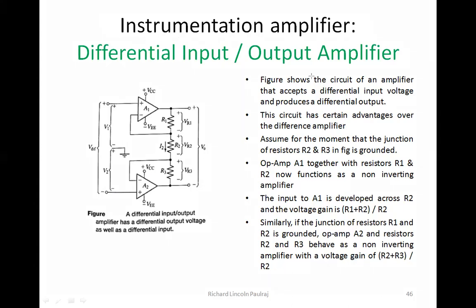So the circuit of an amplifier that accepts a differential input voltage and produces a differential output. So I'm going to give two inputs here, V1 and V2, and it's going to sense these differences.